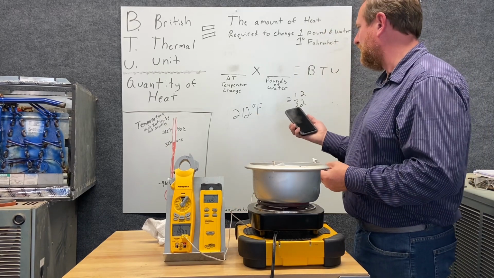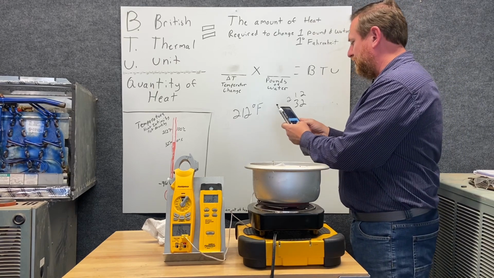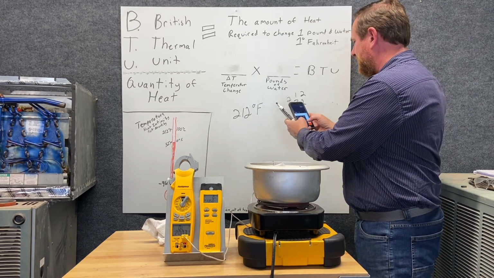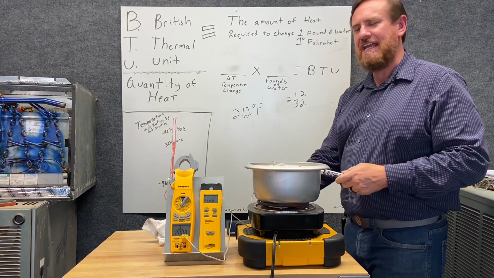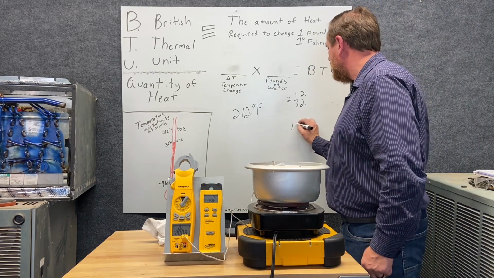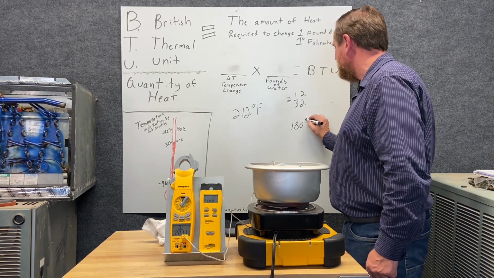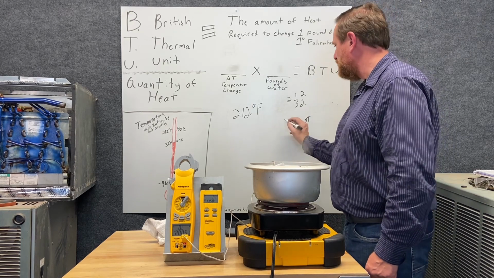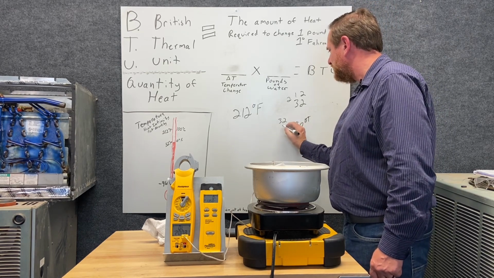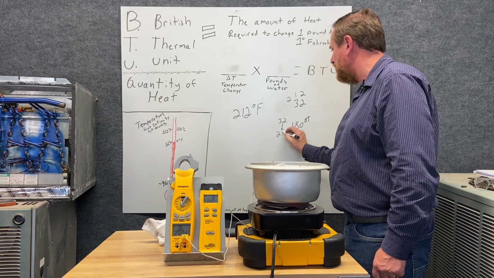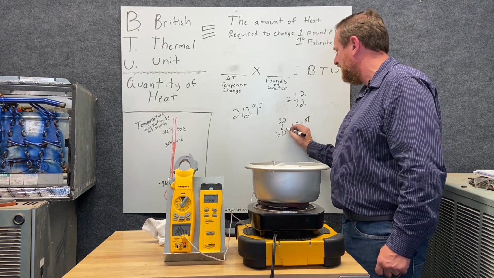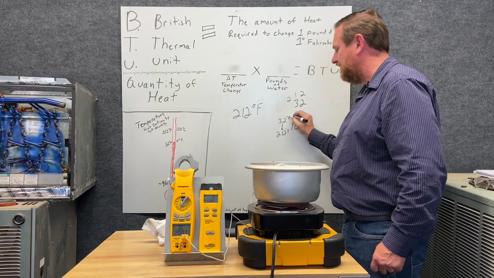So we're just going to do a little quick math. We're going to put in 212 minus 32 equals 180. So it takes 180 BTUs of heat energy to change water from 32 all the way up to 212 degrees Fahrenheit.